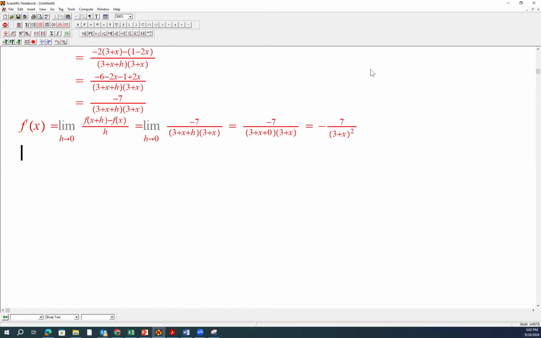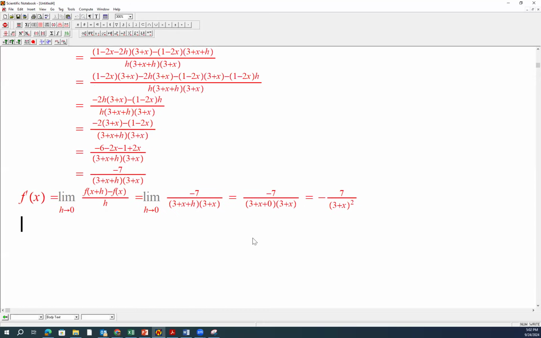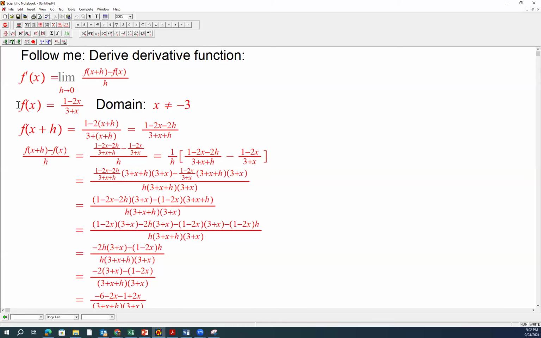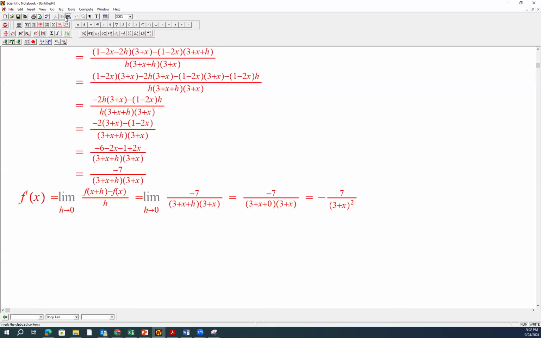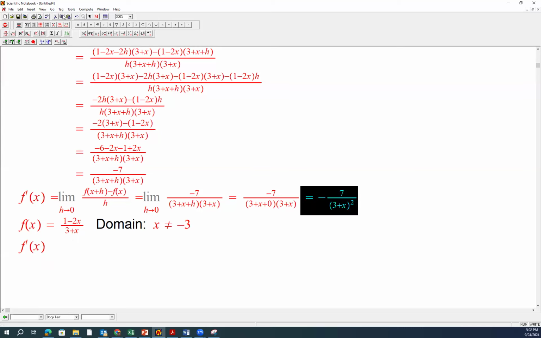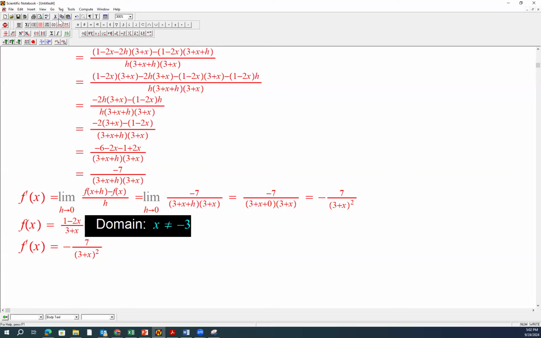So that's the derivative. Let's look at the domain. Let's summarize: the function's domain and the derivative's domain are the same.